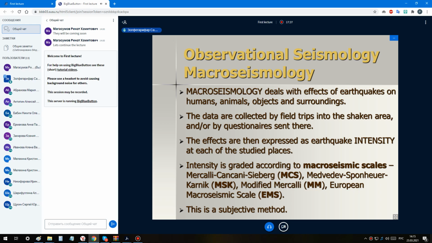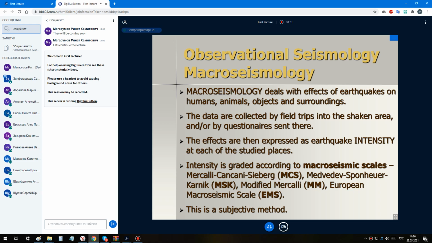The effects are then expressed as earthquake intensity at each of the studied places. Intensity is graded according to macroseismic scales: Mercalli, Cancani, Sieberg, which is shown as the MCS standard.